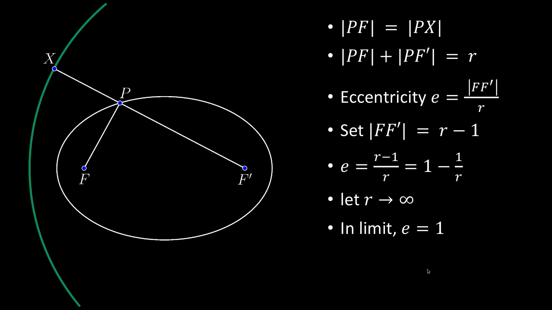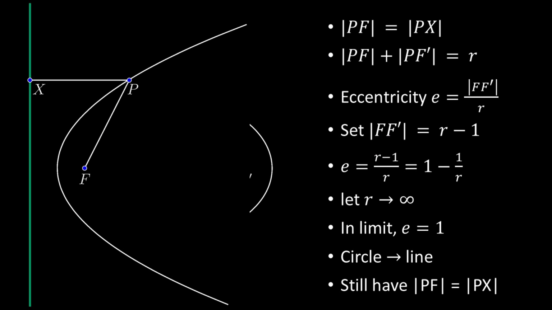You can't have a circle of infinite radius, but if you could, it would be a straight line. The curvature is getting less and less, and so you end up in the limit with a straight line. But you still have that property, px equals pf. You've kept that all along, and you still have that in the limit. And that is the way we define a parabola.